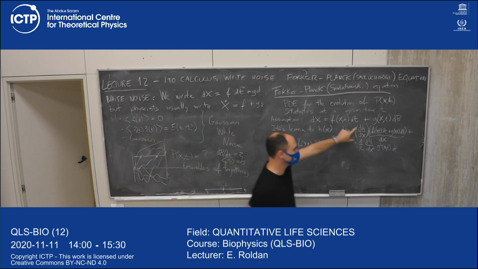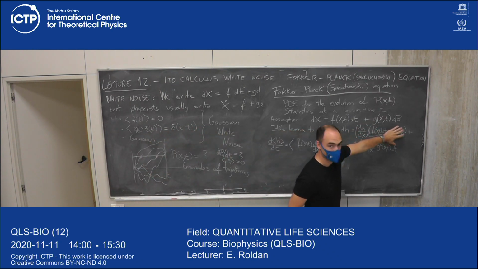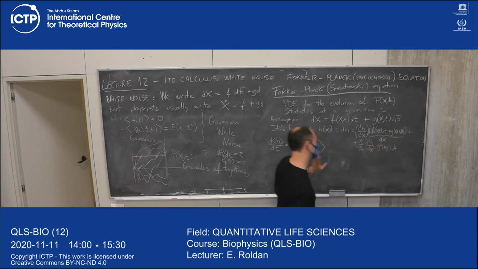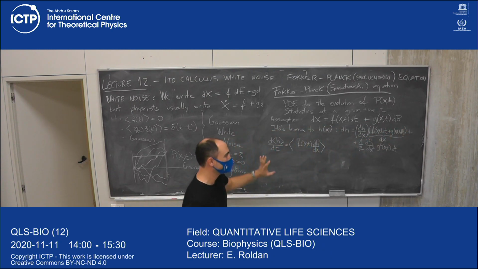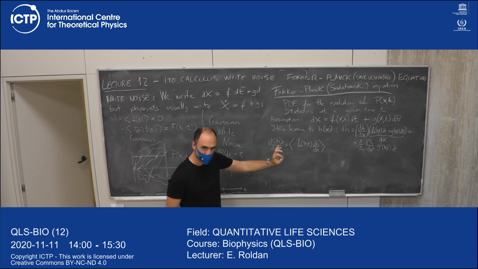So there is dht whatever times dv average, which is 0. That's why it doesn't appear here. In the next lecture, I'll give you more about this. This is called an Ito integral, but you can say the second term disappears because dv is 0 on average.